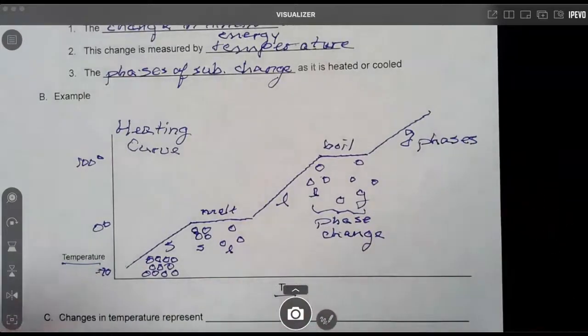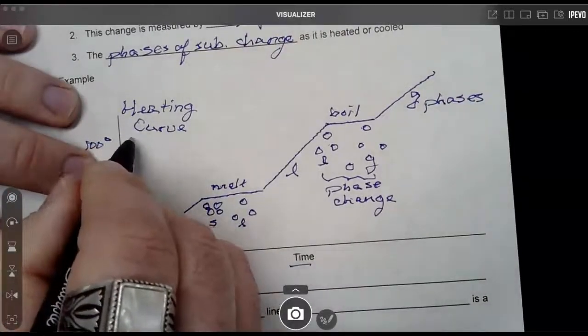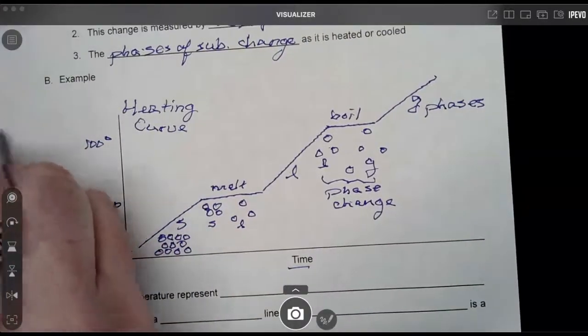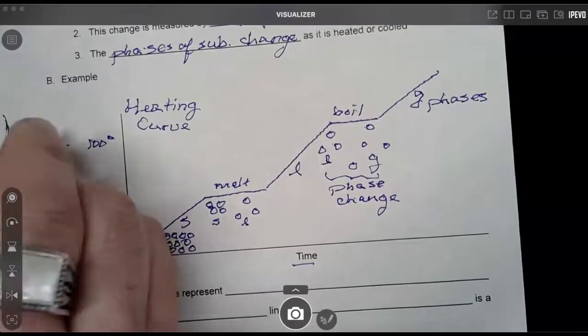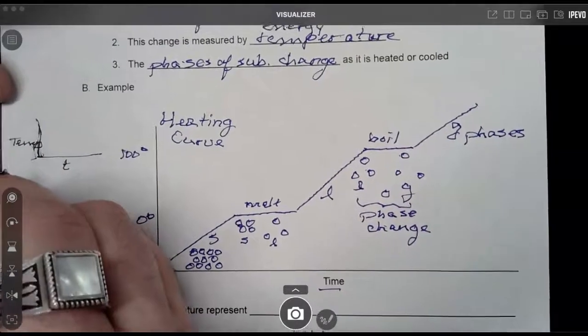Now, a cooling curve is a little different. Let me grab a different colored pen real quick. A cooling curve would be the opposite. I'm going to try to draw it over here, where we still have time and temperature. Oh, sorry, I realize now you can't see.